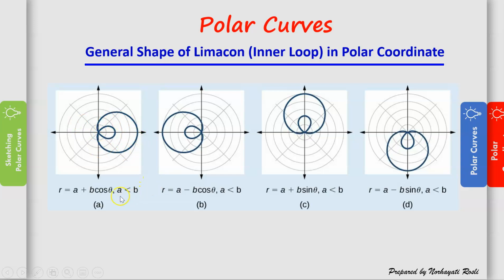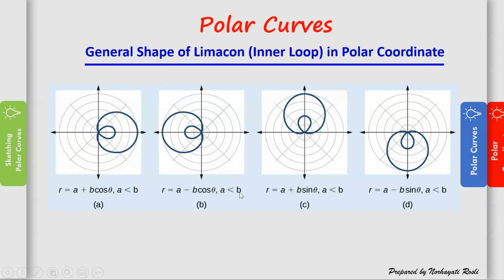But because a is less than b, we will have an inner loop inside the whole circle. And if we have negative cos theta, same as cardioid, our shape will be located on the negative x-axis, but inside this it will be an inner loop because a is less than b.